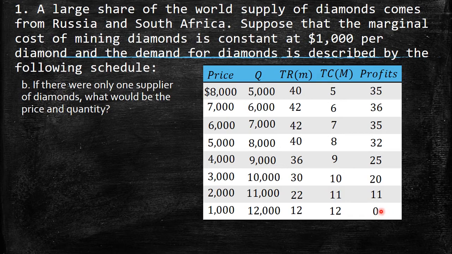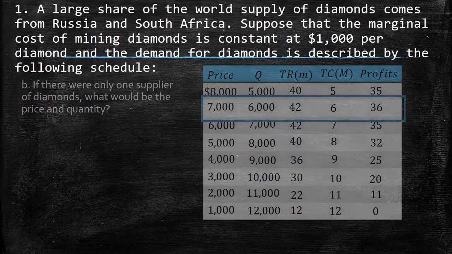The monopoly is the total opposite. It's going to offer the minimum quantity and actually the highest price. So this should be the maximum profit that this company can reach. They will offer 6,000 diamonds at a price of $7,000.